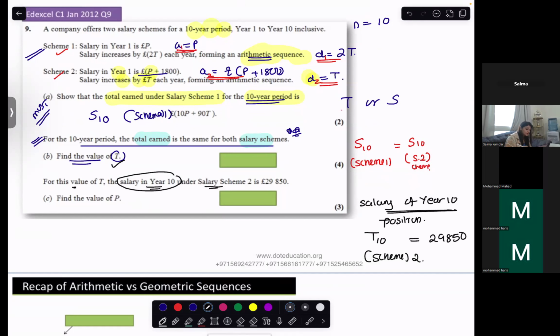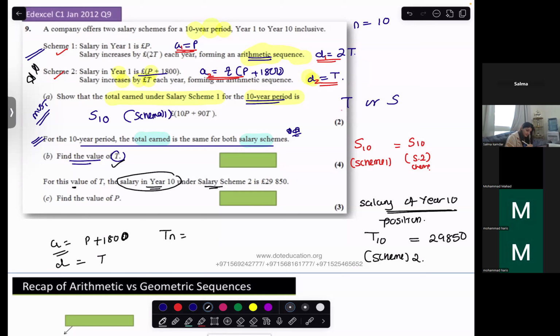For scheme 2, what was my A? We had explicitly stated my A for scheme 2 is P plus 1,800. What is my D for scheme 2? It's going to be T. What is the formula for TN?